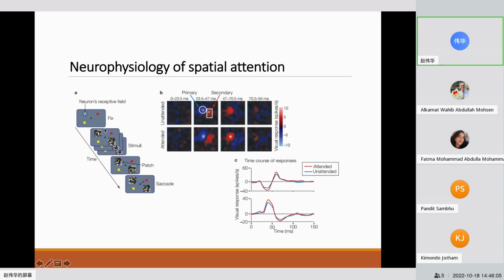Here, the red one and the yellow one are the colored pixels. When the monkeys detected the color, they were to signal this by making a rapid eye movement, a so-called saccade, from fixation to the location. So when the color appeared, the monkey needed to do a quick movement from the blue part to the yellow part.